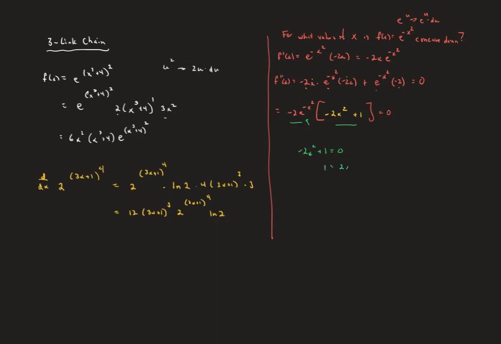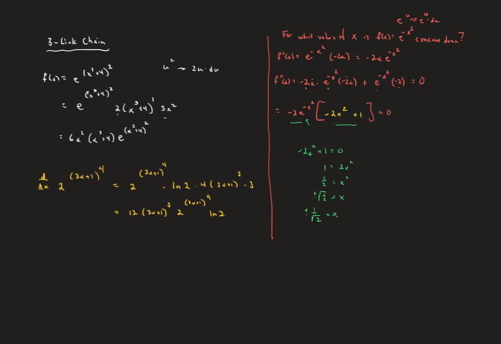Well, we can add that 2x squared to the other side, divide by 2, square root both sides, and we want all possible square roots. So I'm going to make that plus or minus square root of 1 over the square root of 2. Yes, we can rationalize that, but we don't really worry about that so much anymore.